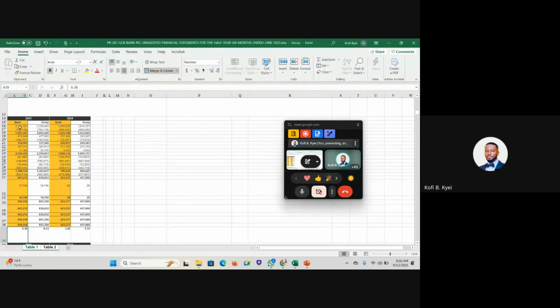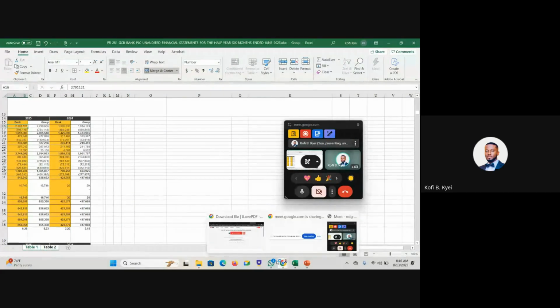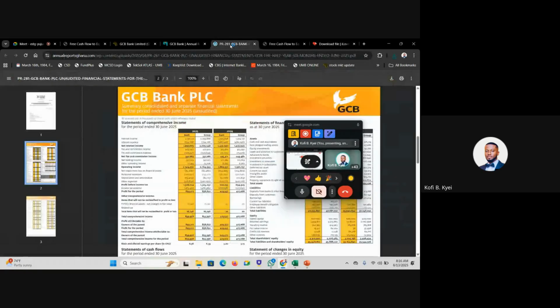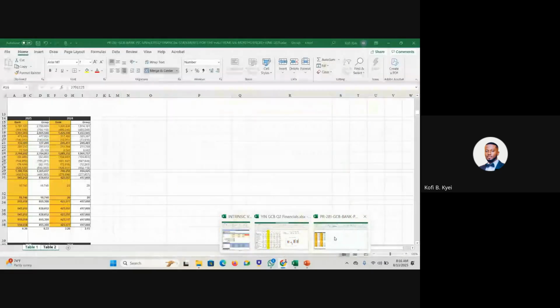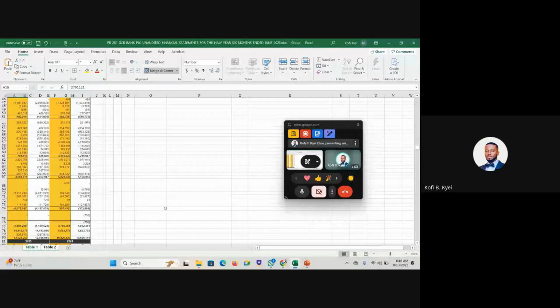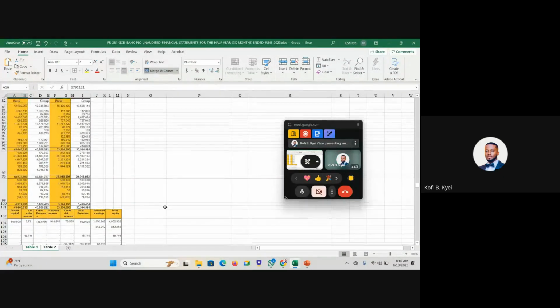If it doesn't work, take your time and pick the data one by one, because if you get the data wrong, you get all your analysis wrong. If it doesn't work, you just copy and paste. But if it works for you, hallelujah. I'm even happy that this has worked. Me myself, I'm surprised.